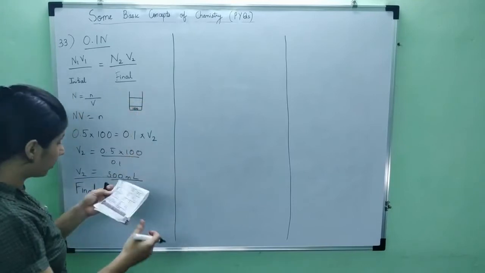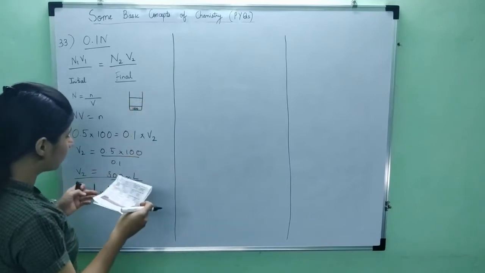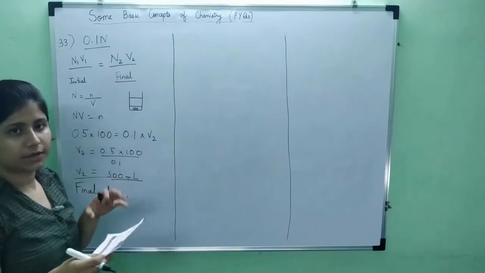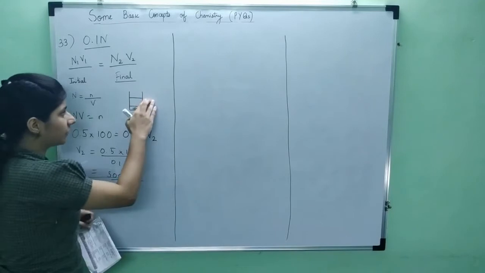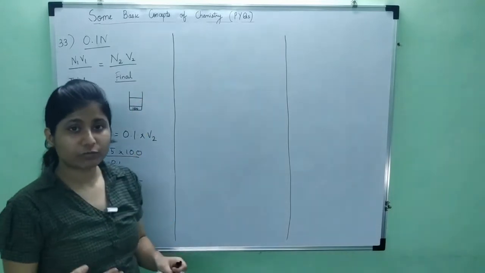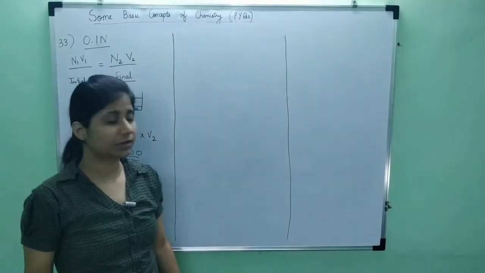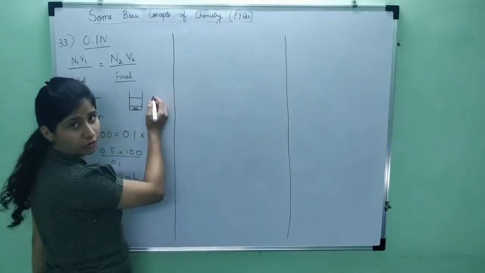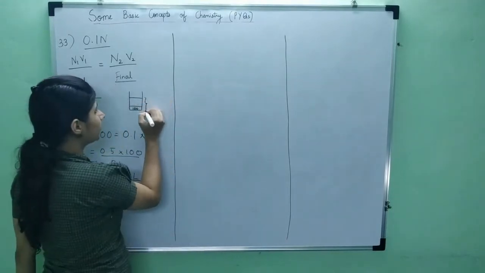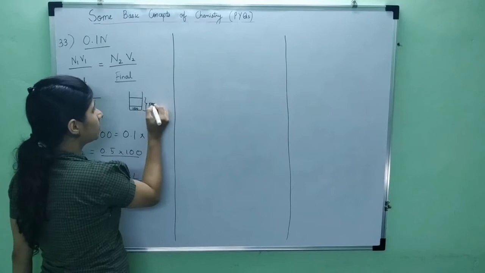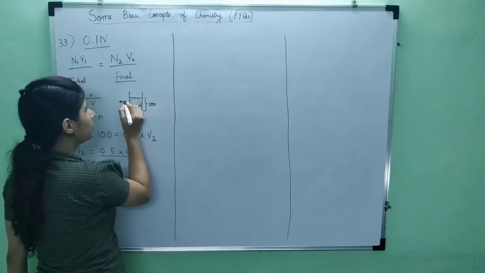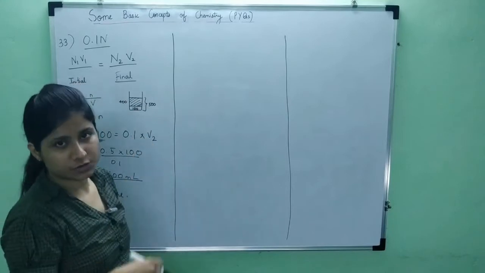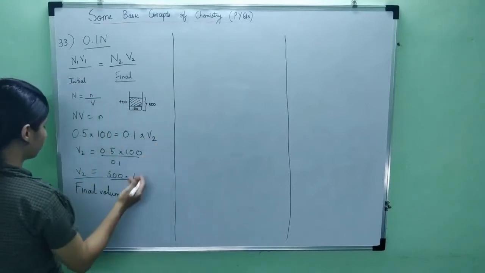But what the question says is the volume of water to be added to 100 centimeter cube. So the final volume is 500, but what volume are we adding to make it 500? We are adding extra 400 volume, if you understand. So if this is full 500, the extra that we are adding is 400. So this is the volume of water that has to be added to get a 0.1 decinormal solution.